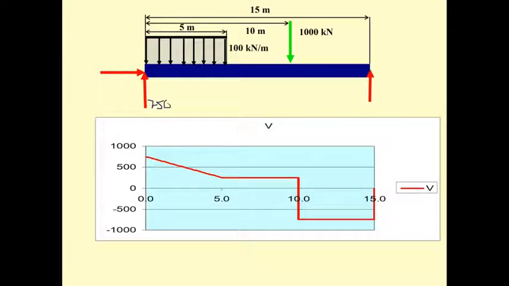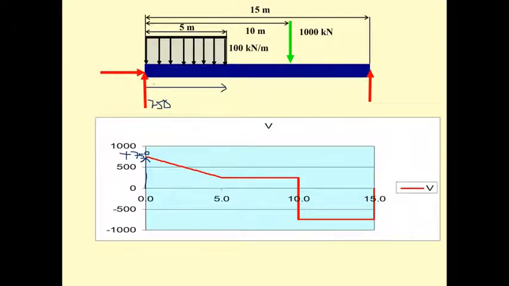So this shear is going to increase by plus 750 due to the shear force at A. And then here you come to the uniformly distributed load region.